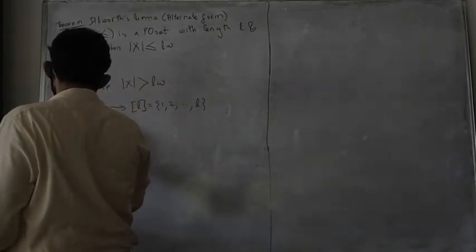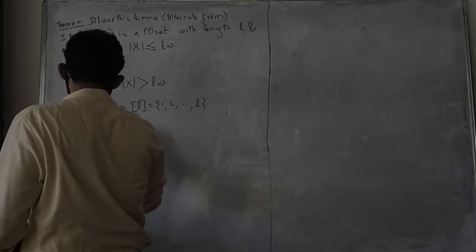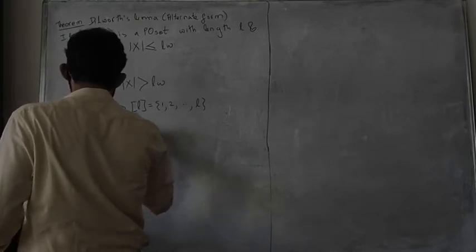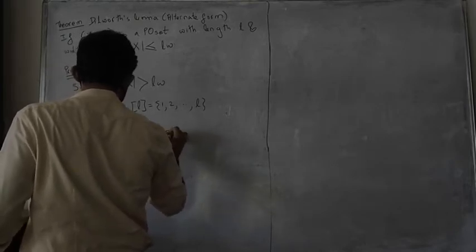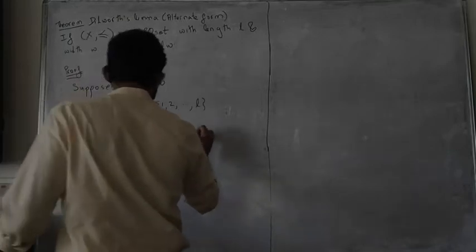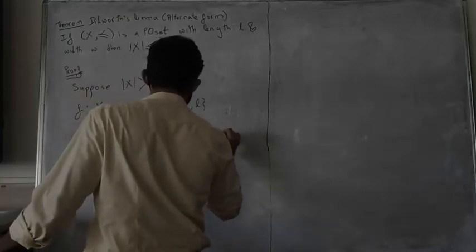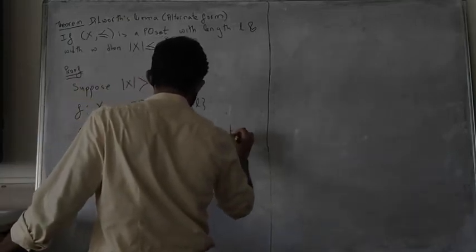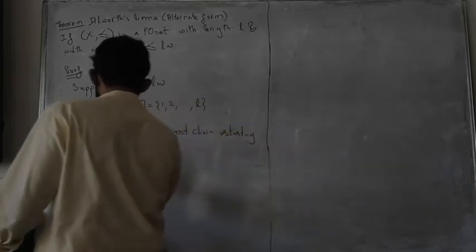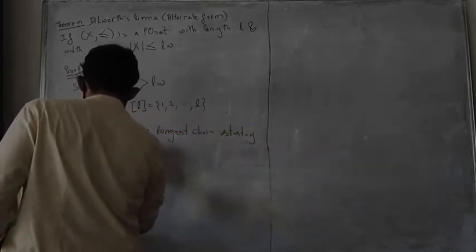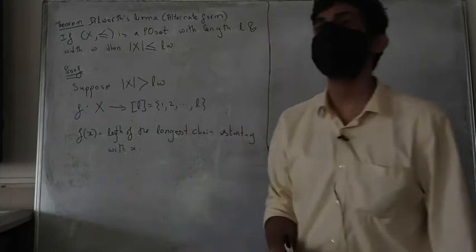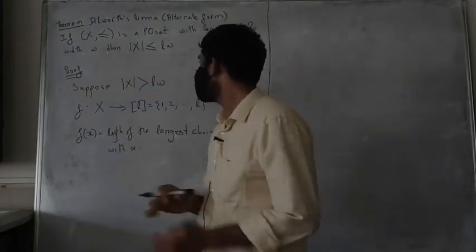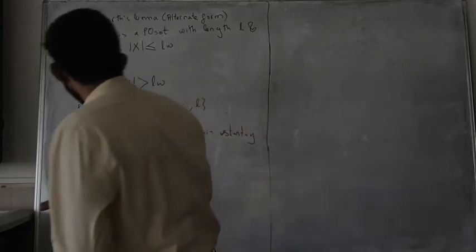So F of X is the length of the longest chain starting with X. Given any point, I am going to map it to the length of the longest chain starting with X.